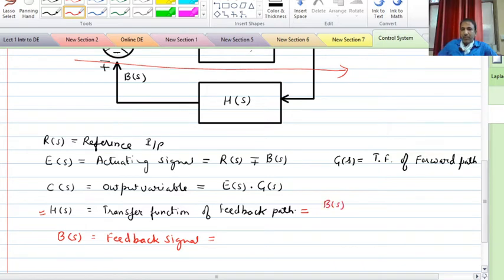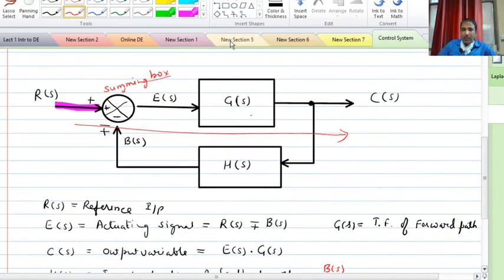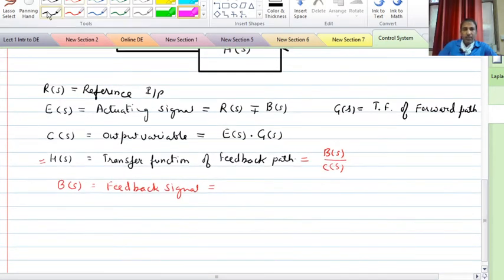The output is B(s) and the input is C(s), because the value of this complete line at any place is C(s). So we can say that the feedback signal B(s) is equal to H(s) multiplied by C(s).